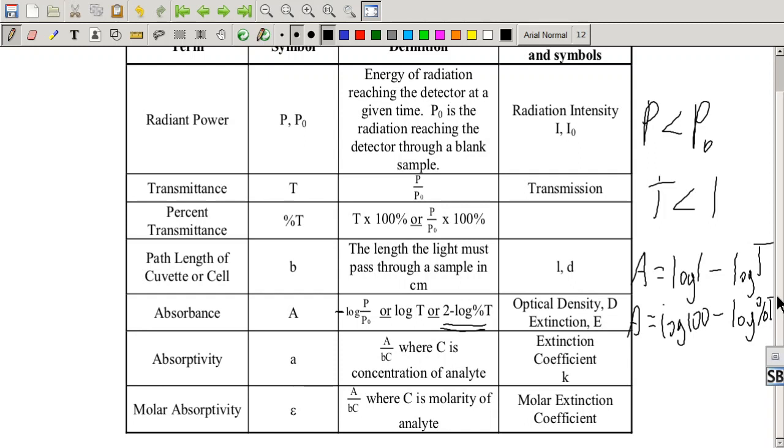Now, the other thing you should be aware of are these two terms at the bottom. If we're dealing with a solution where the concentrations of analytes are in parts per million or parts per billion, we often report an absorptivity value. And essentially what an absorptivity value is: what would the absorbance be of a solution of that analyte with a concentration of 1, whatever unit you have. 1 part per million.